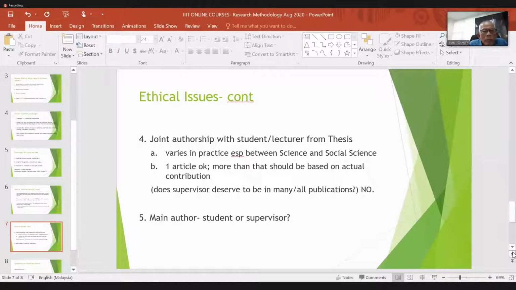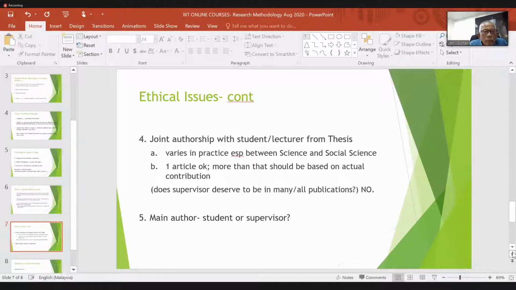All right. Now, there are so many different issues on this joint authorship issue. It varies from university to university, from country to country, even from area, from the sciences and the social sciences. Also, there are varied opinions. All right.